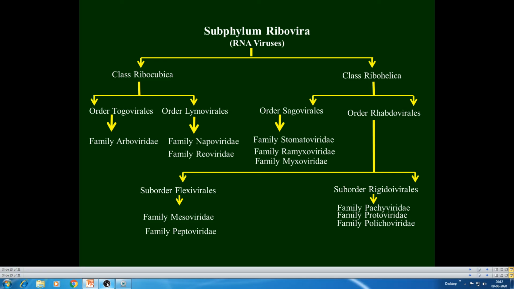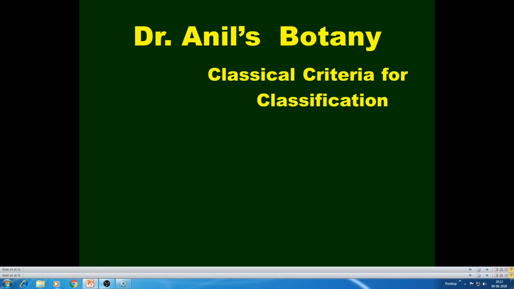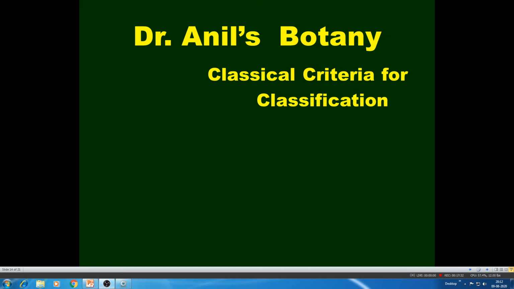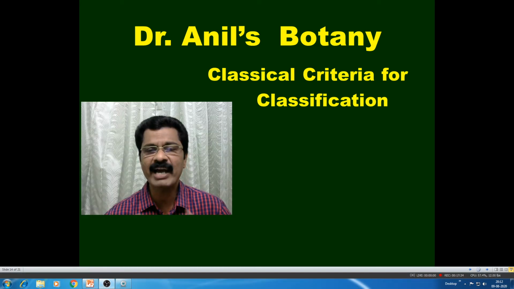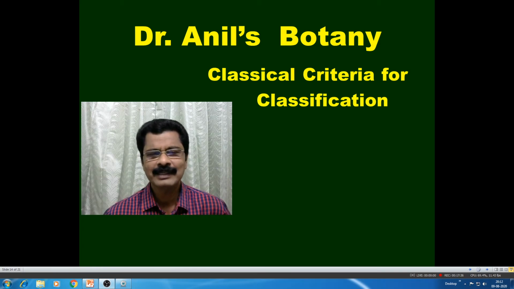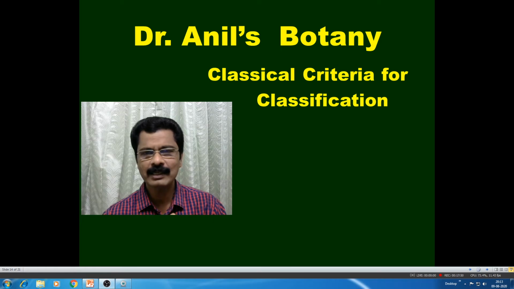So that is the classification of viruses. Any doubt in this? It is somewhat difficult to understand all these terms and other things. Once you go through this, you can easily catch the deoxyribovirus and ribovirus, that is DNA viruses and RNA viruses.